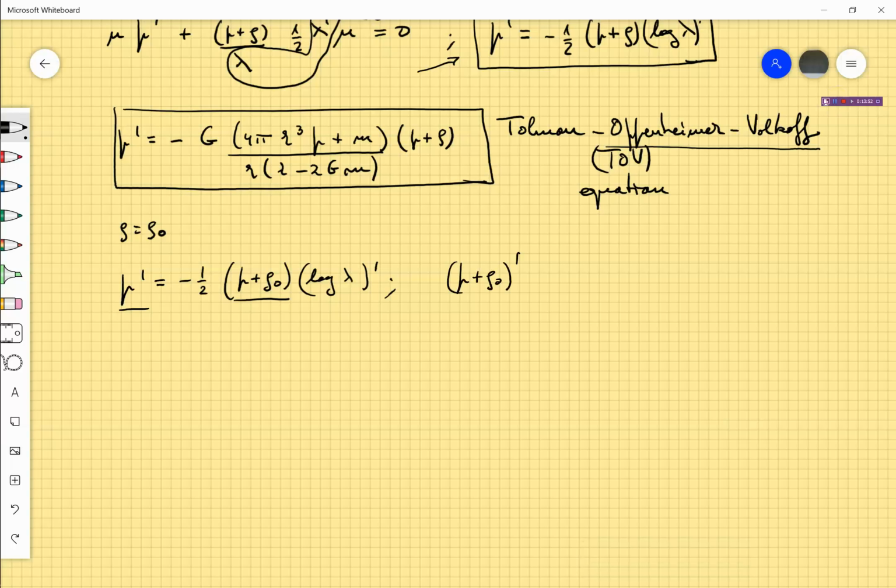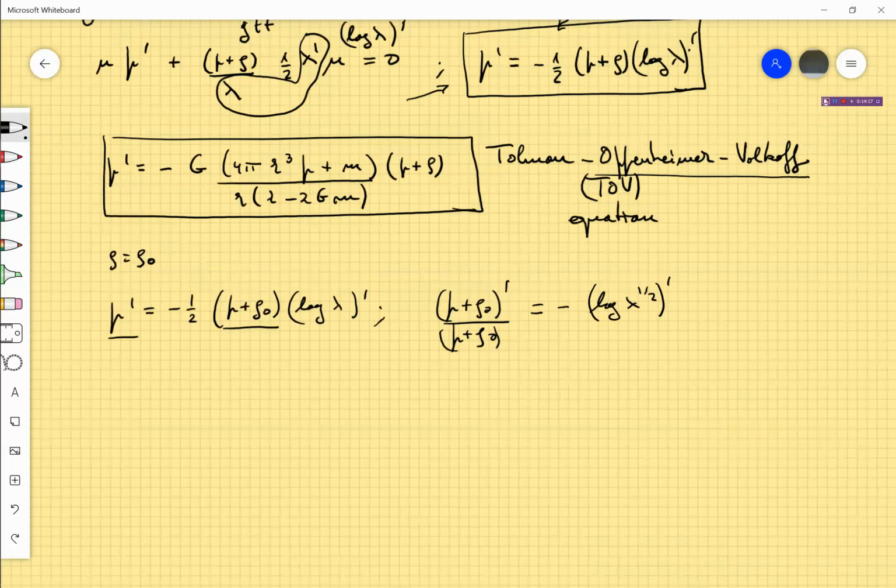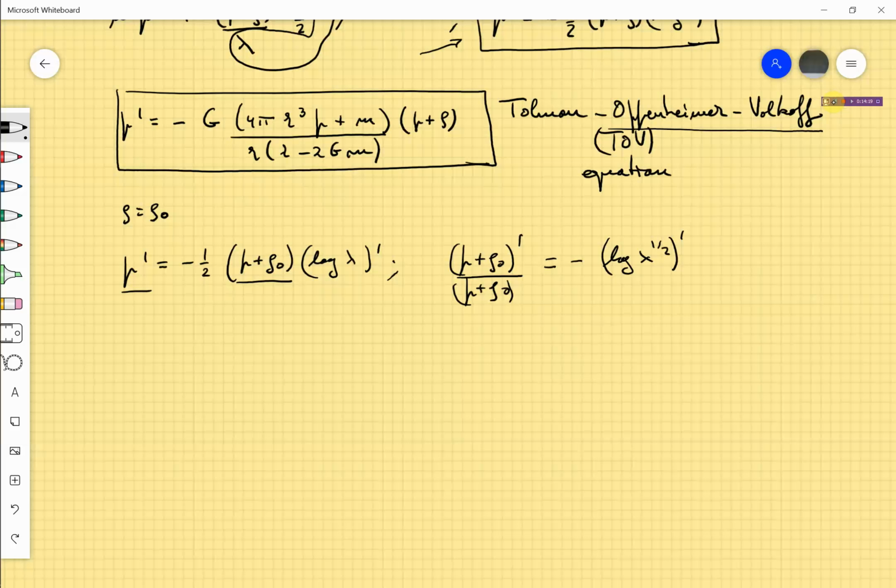With the prime it's just the same. Then we divide by p + ρ₀, and this is equal to minus log λ^{1/2} prime, and this is nothing but log (p + ρ₀) prime, and this means that we can integrate immediately.